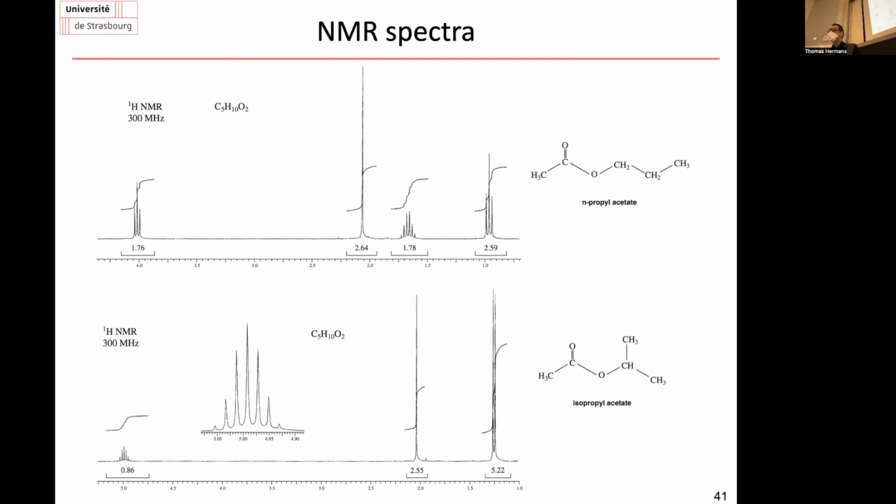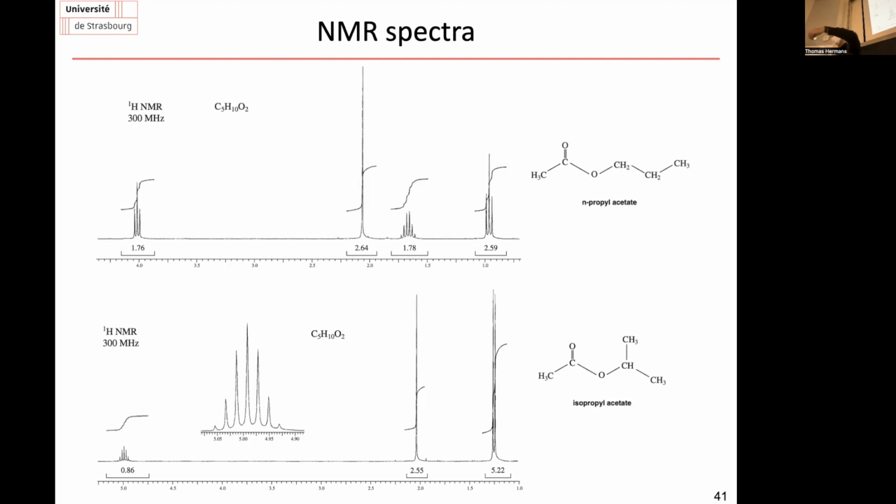Yeah, so if you're closer to something that is electronegative, you will be more downfield shifted. If you have more electronegative atoms, let's say you have 3 chlorines, it will be more downfield shifted than 1 chlorine. So it's additive. So you basically look at how many electronegative groups are there around.